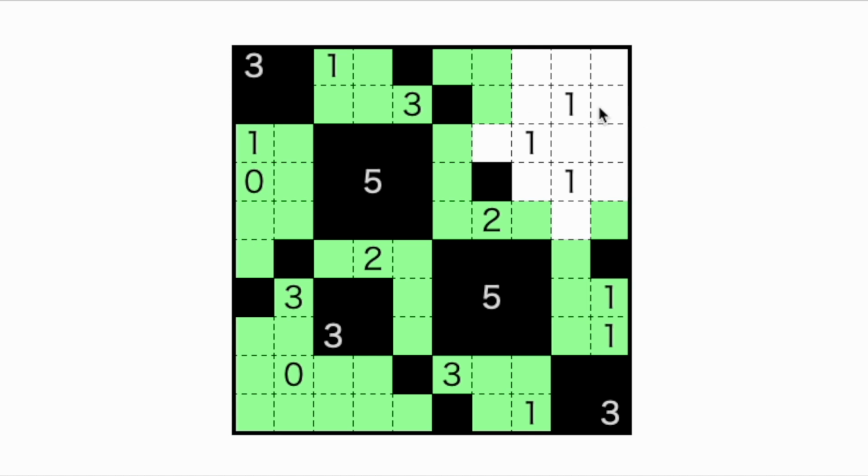Could they be part of a larger than 1x1 region, which would be okay to see this one? Well, if they were a 2x2 or greater, then they would need to extend horizontally to cover at least 2 cells. And the problem with that is, no matter how we do that, this 1 clue is no longer a 1 clue. It can only have 1 shaded cell, so it can't have the 2 or 3 that we would need in those circumstances.